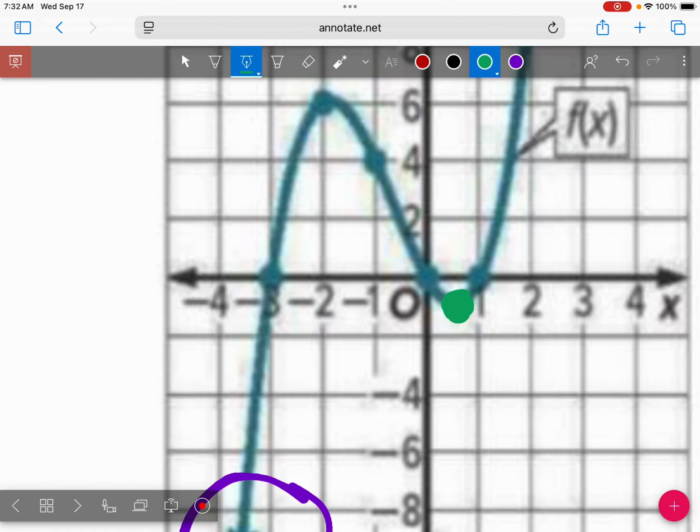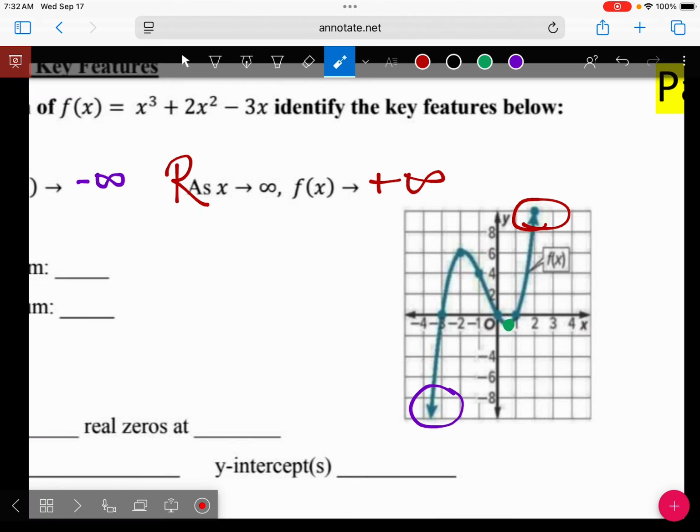So I'm going to try my best to approximate where that green dot is. And this is a really funky graph because the x-axis is counting by 1s and the y-axis is counting by 2s. So my guess would be this is about positive 1/2 and this is about -1. So I'm going to call that positive 1/2, -1.